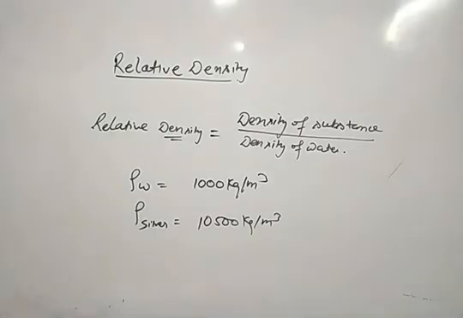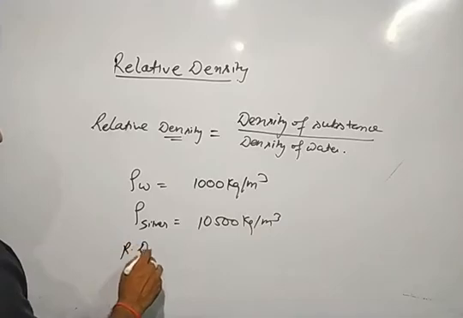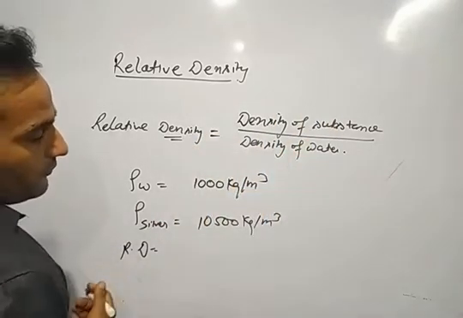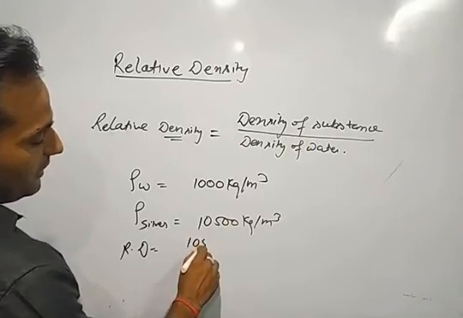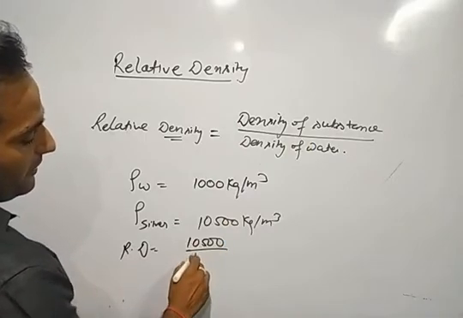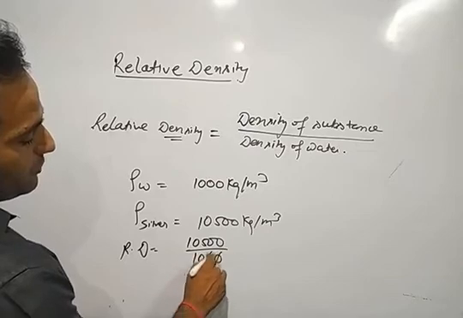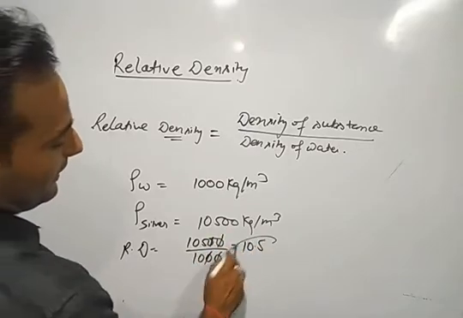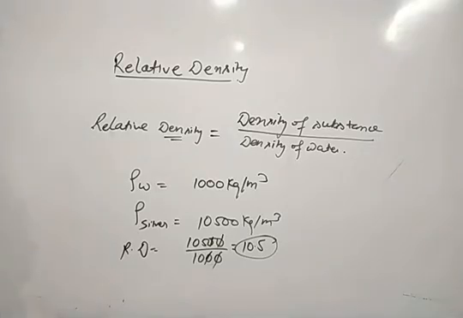So relative density is density of substance upon density of water, 10,500 upon 1000. Two zeros will be cancelled and the answer will come 10.5. And there is no unit of relative density.